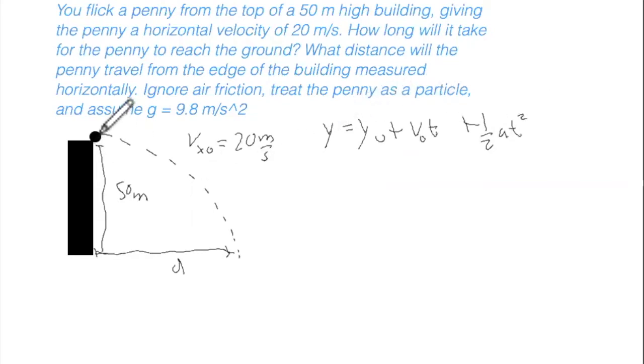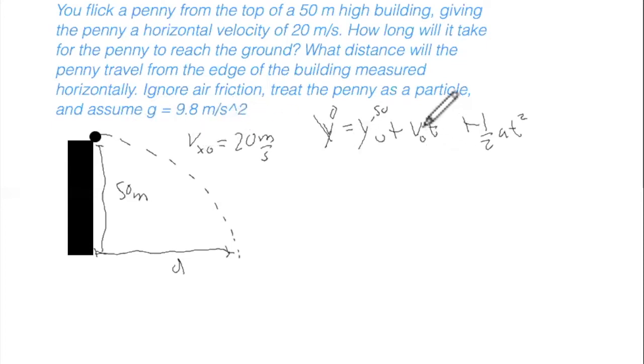So the penny is going to fall to the ground, which has a height of 0. The initial height is going to be 50. The only forces that acted on the penny are the force of gravity and the force of the hand that flicked the penny from the building, which only gives the penny a horizontal velocity.